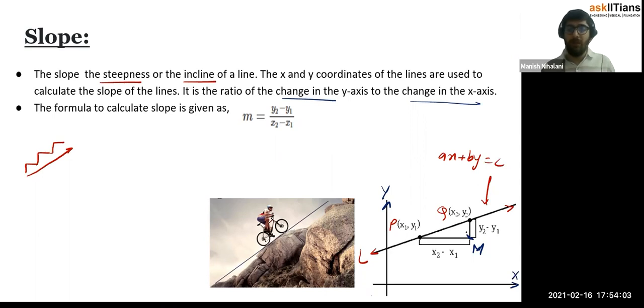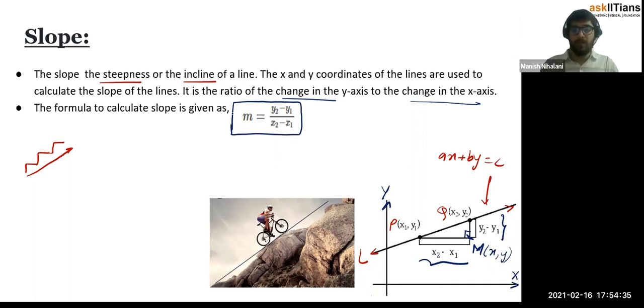We said let them meet at M, and let this M have coordinates x comma y. If we have to find distance QM, you would say the y coordinate of Q minus y coordinate of P, because that will give you QM. So that is nothing but y2 minus y1, and horizontal distance would be x2 minus x1. So slope is always given as y2 minus y1 upon x2 minus x1.